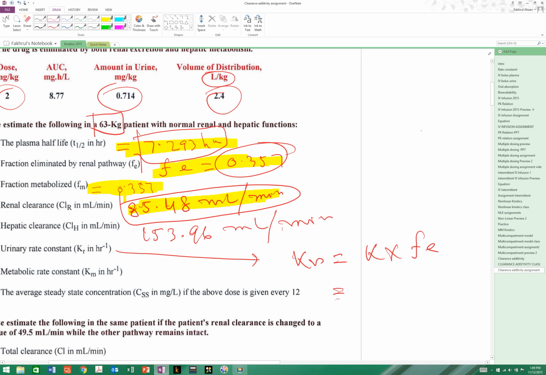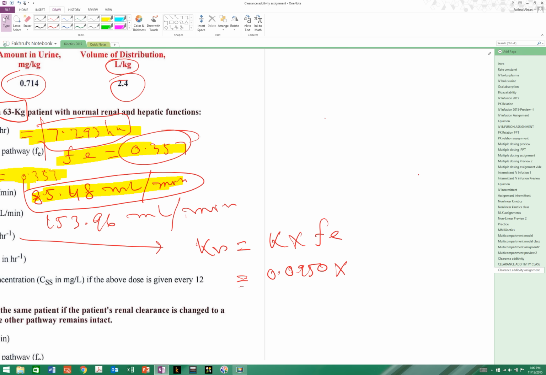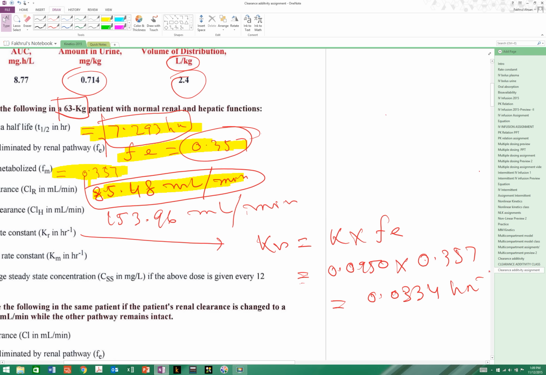K is 0.0950 times Fe, 0.357, which is equal to 0.0334 per hour. So this is your Kr.